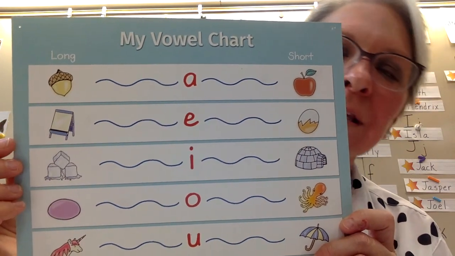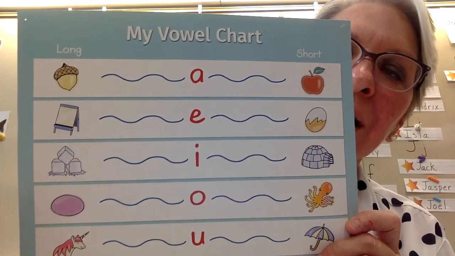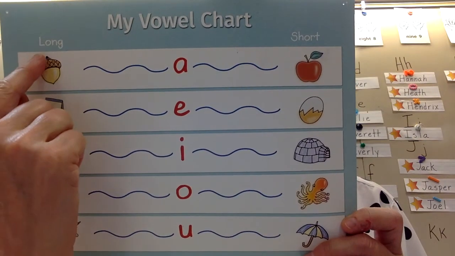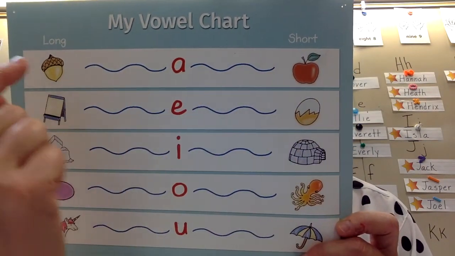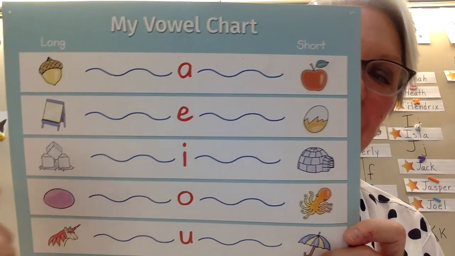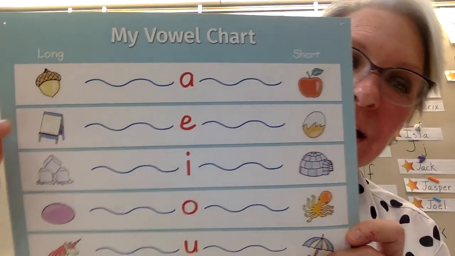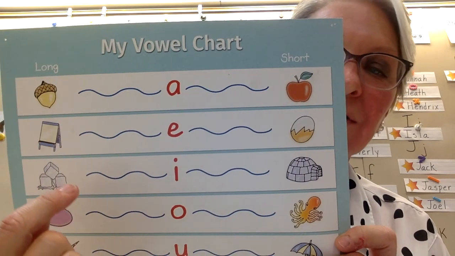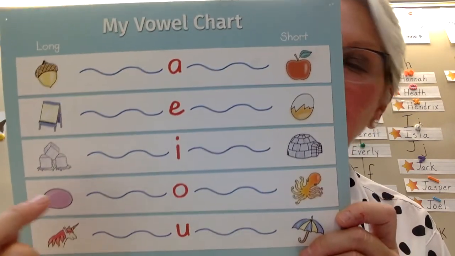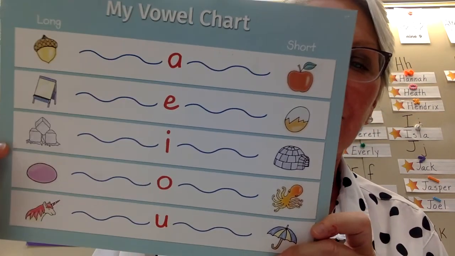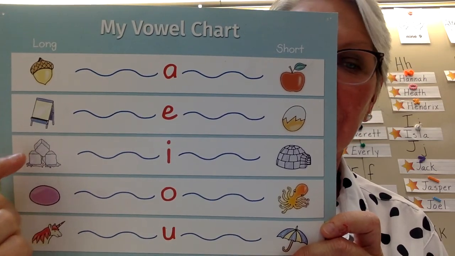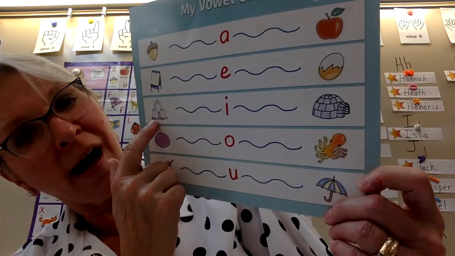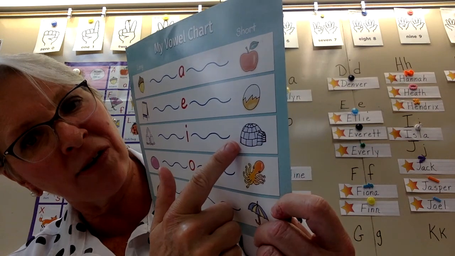For instance, if you have an A, you can have something that sounds like apple or acorn. If you have an E, you have something that sounds like egg or easel. If you have an I, you have a sound that sounds like ice or igloo.